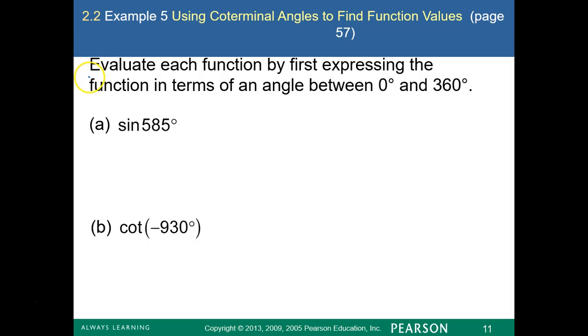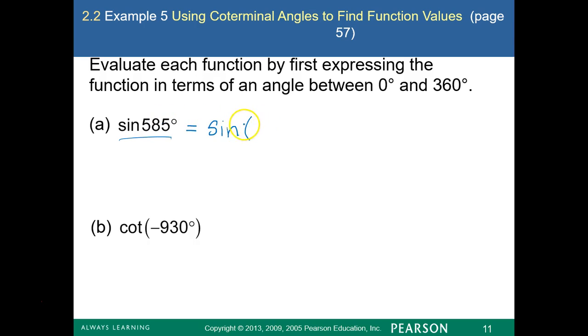Now, some of your homework problems may ask you to evaluate each function by first expressing the function in terms of an angle between 0 and 360. That's the same thing as what we were doing before, which was finding the coterminal angle, something that lies between 0 and 360 also. So take sine of 585 degrees and express it as an angle that's between 0 and 360.